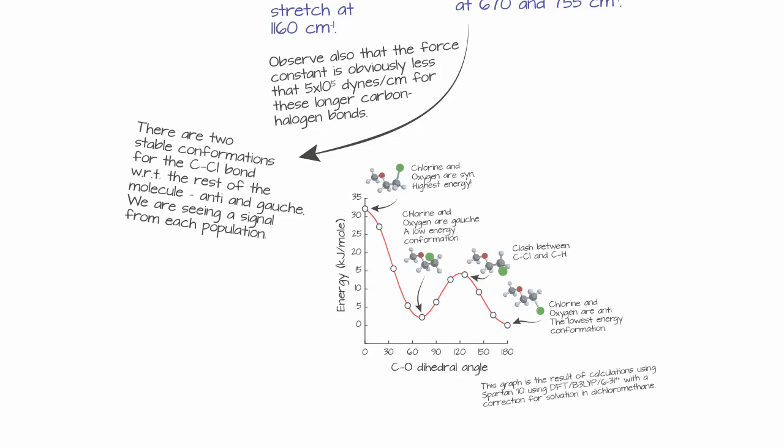We follow from the right-hand side, from 180 degrees, and you go through 170, 160, all the way up to around 130, we see the worst energy so far, and that's because that chlorine is directly opposite a hydrogen, and we're getting clash. And then if we can slip it in between the hydrogen and the oxygen, there at around 75 degrees from the oxygen, we have found another little area of stability.